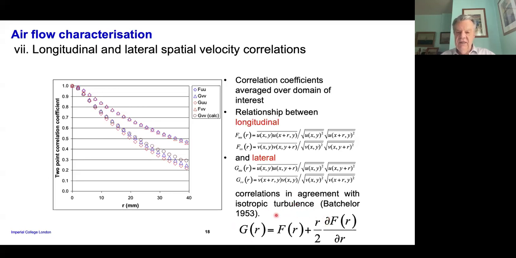And the expression that Batchelor has, which links the lateral with the longitudinal correlation coefficients of the velocities, is the expression that you see at the bottom, which represents the open circles on the diagram, which you see is very close to the lateral measured distributions.